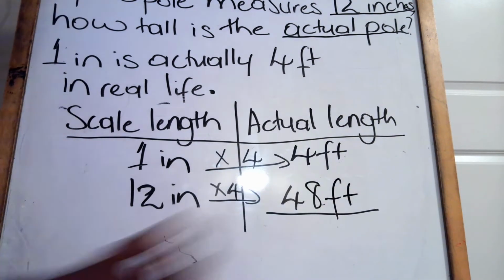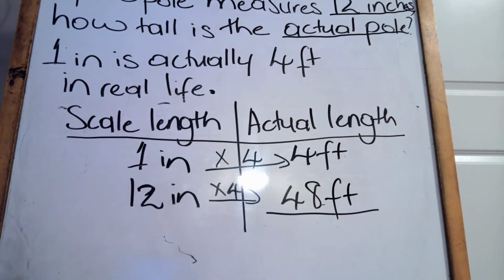feet. So either of the two methods works, but you still have to know how to set it up as a proportion, right? And remember, when you're doing the table, it's never add or subtract. It's always multiply or divide. It's because it is proportional, all right?